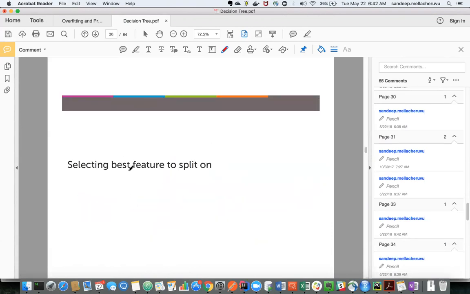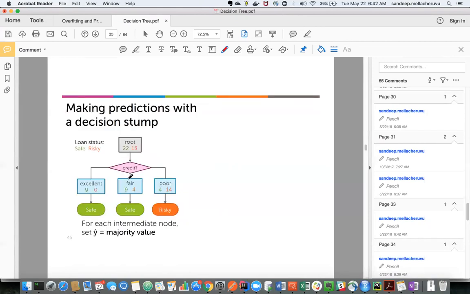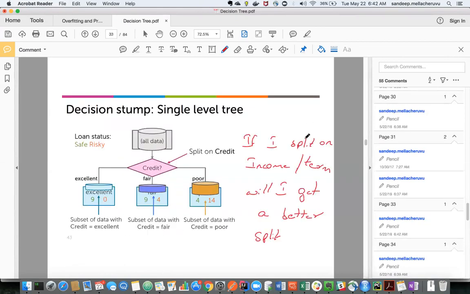So how do I select the best variable? If I split on credit, it is giving this answer. Maybe if I discard this and start splitting on income, I may get a better answer.